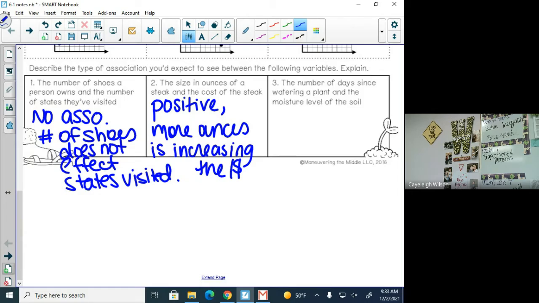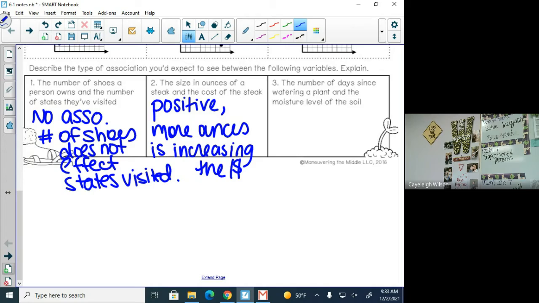Okay. Negative. It is negative. When you water a plant and you don't come back to it for a few days, what happens to the water in the plant? It's getting dry, right? So the longer you wait in between days of watering plants, the lower the moisture level is. The more days you wait, the less moisture is in there.